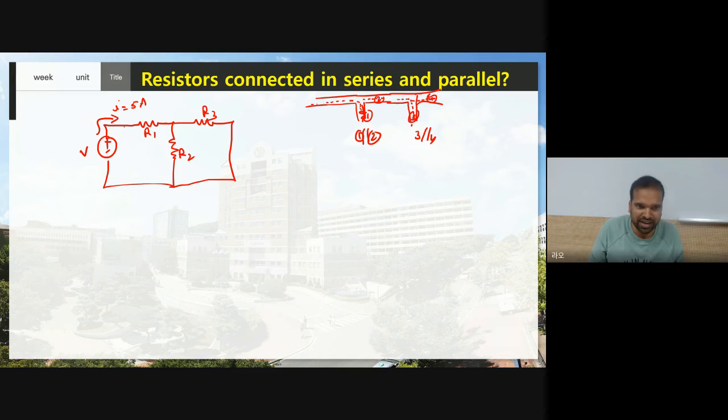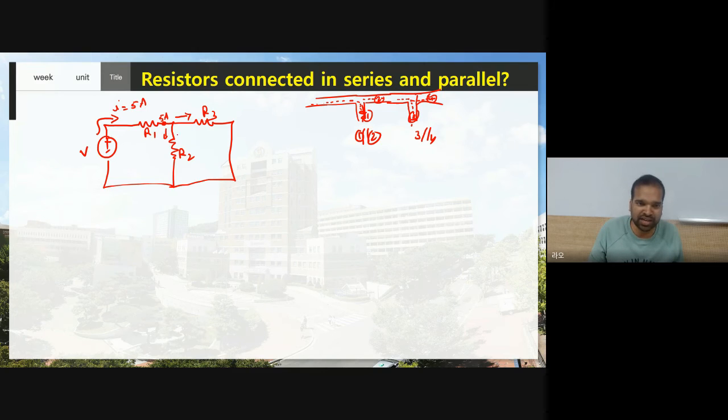Now see here, 5 ampere current is coming here. Do you have any deviation here? No, because this is a series connection, like a water pipe. So the same 5 ampere current is coming. If I ask you what is the current here, you will say 5 ampere. Now see what happened after coming here. It has two directions. This 5 ampere current is going to divide into two parts as per resistance value.